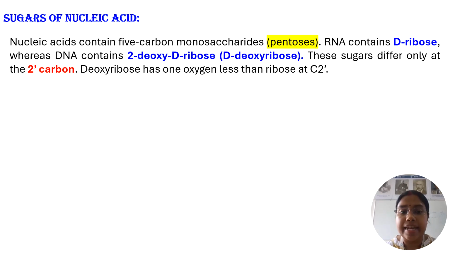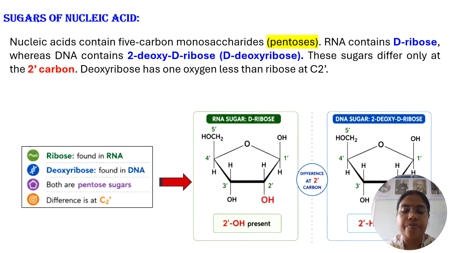What are the sugars of the nucleic acids? Nucleic acids contain 5-carbon monosaccharides, which are known as pentoses. RNA contains D-ribose, whereas DNA contains 2-deoxy-D-ribose. The sugar differs only at the 2' carbon.